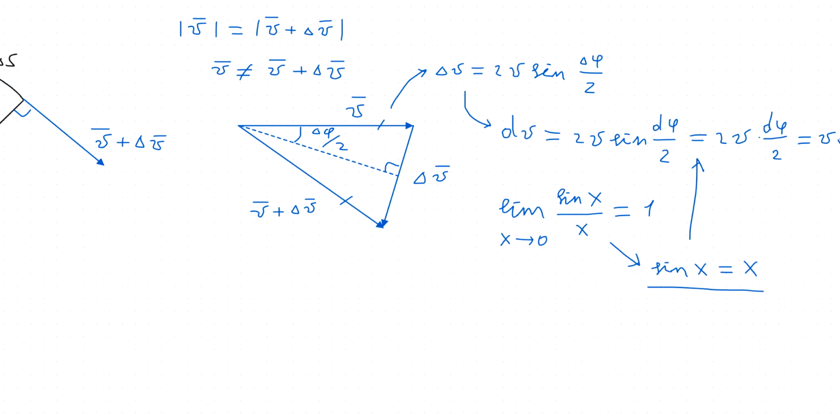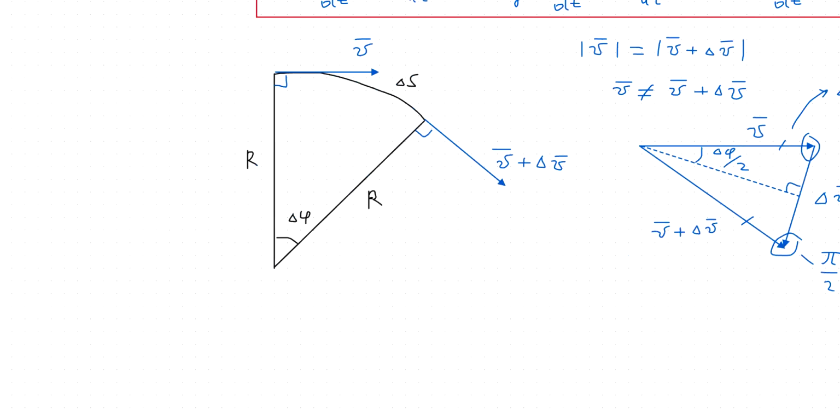It means that when this angle tends to 0, these two angles tend to pi divided by 2. And it means that vector dv, in this case, I will draw this here, will be directed to the center of the circle.